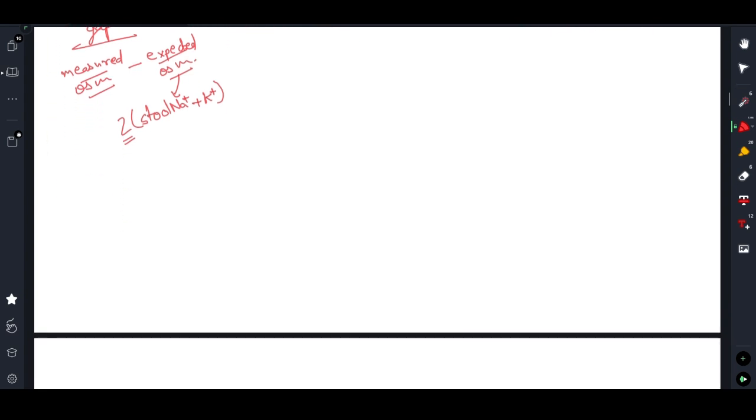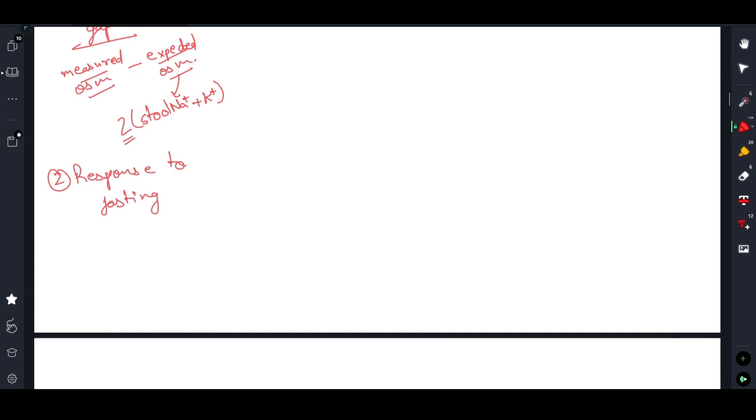Now let's see the second parameter. The second parameter is response to fasting, right? So basically, if we tell the person to fast, he will not take food, right? Now if there is no nutrient, then the question doesn't arise about whether the patient has malabsorption or not, right?